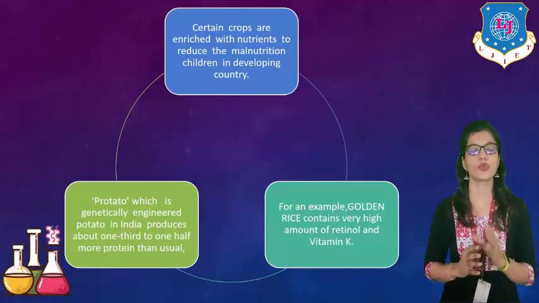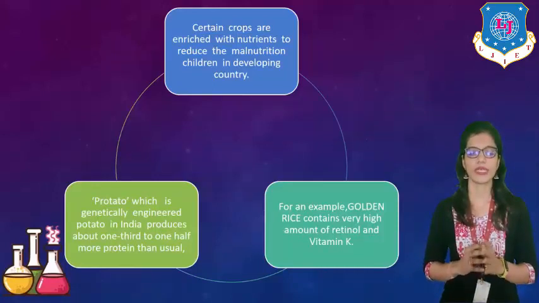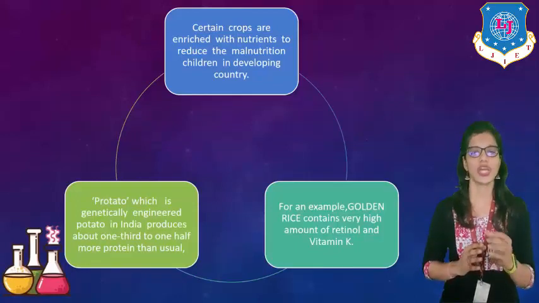So if they get proper nutrition from their food, this condition can be improved. Let's take an example: golden rice is developed. What do we mean by golden rice? Golden rice contains a very high amount of retinol and vitamin K, which is very important for the growth of a child. Similarly, the second example is potato.